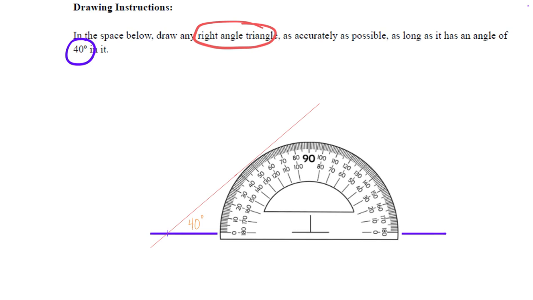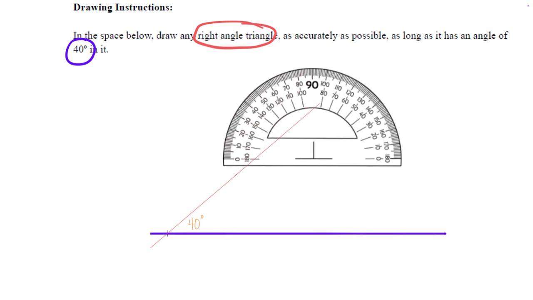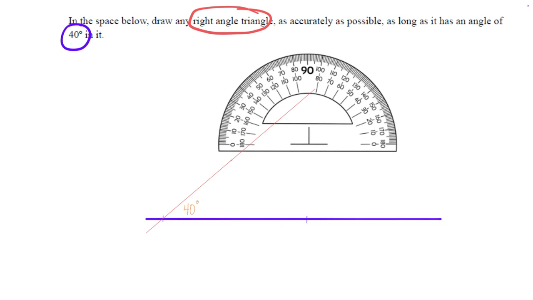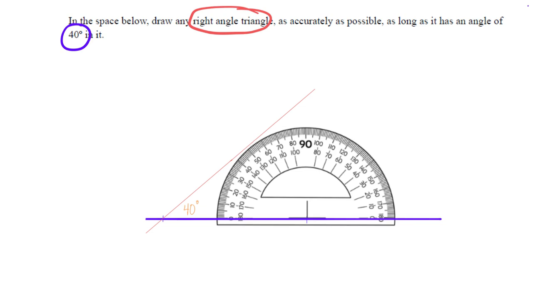What I want to do is pick a tick mark on the bottom. I'm going to do the same thing I did before. I'm going to put a little tick, as accurate as I can. Now I want to slide that protractor back down so that it lines up.